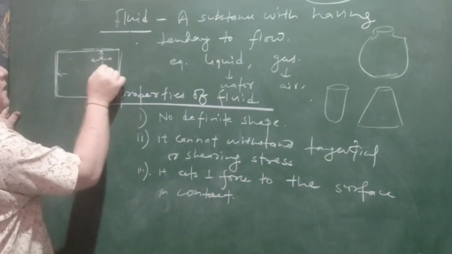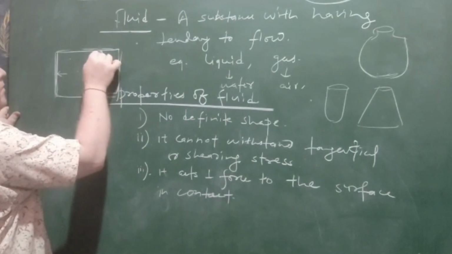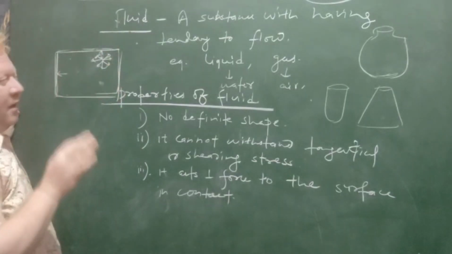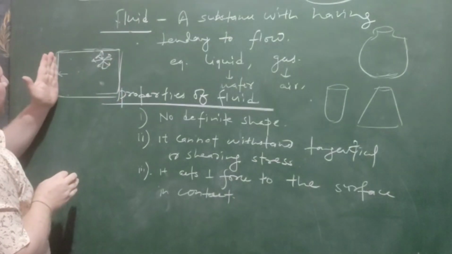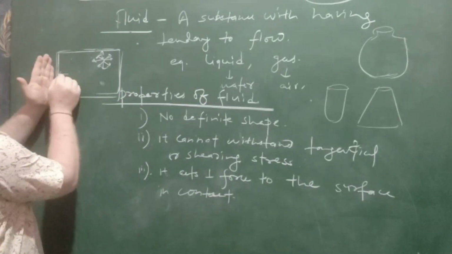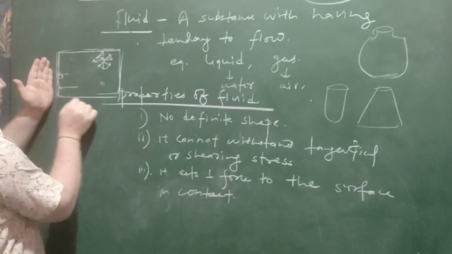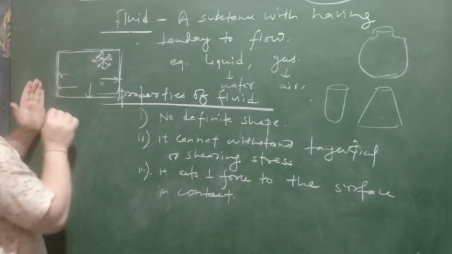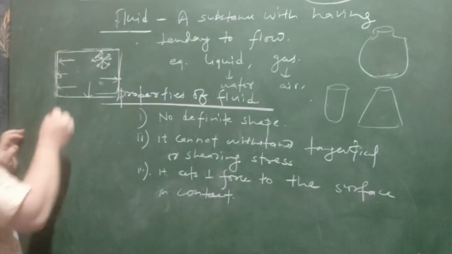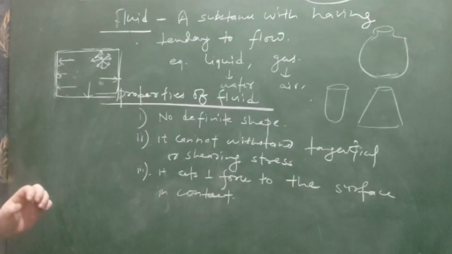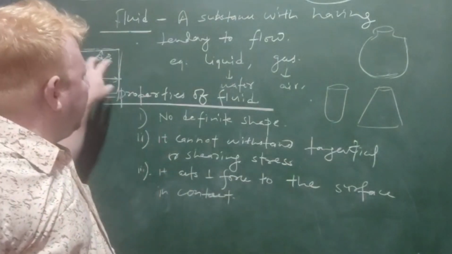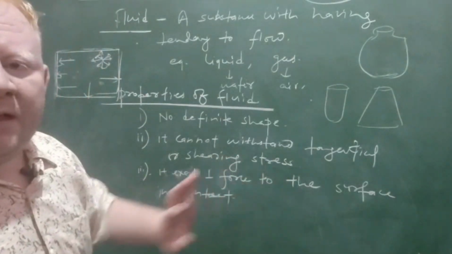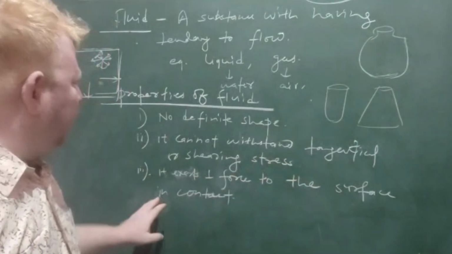This is how we indicate the force. Here also, everywhere. At the surface in contact, the force acts perpendicular, here, here and here. So liquid exerts perpendicular force to the surface in contact.